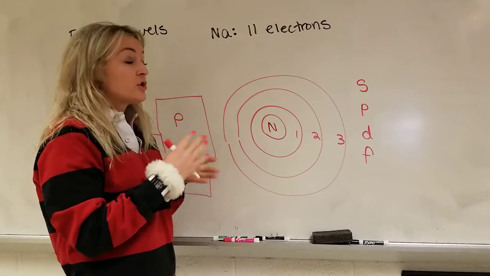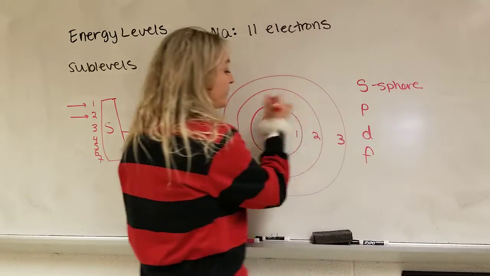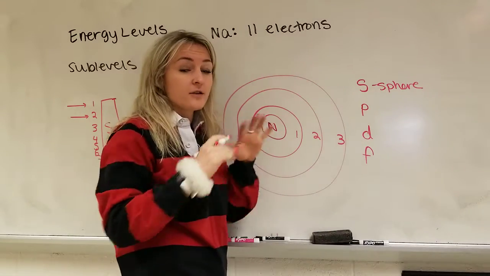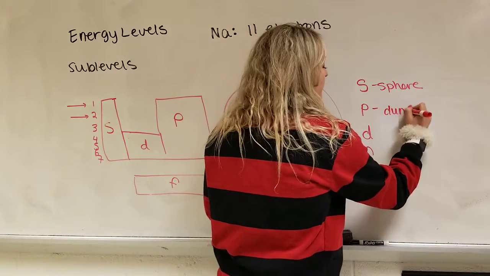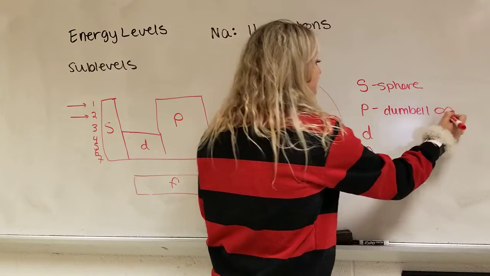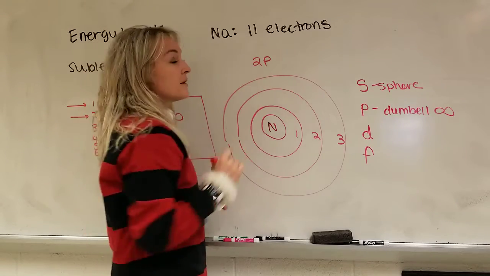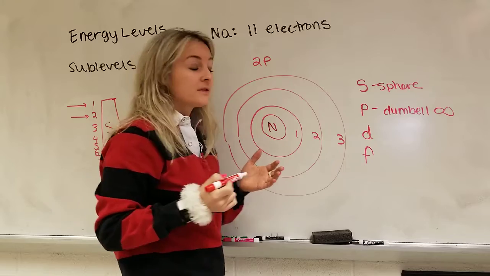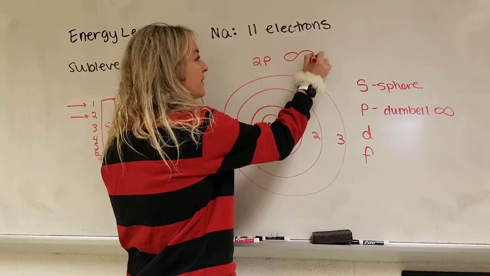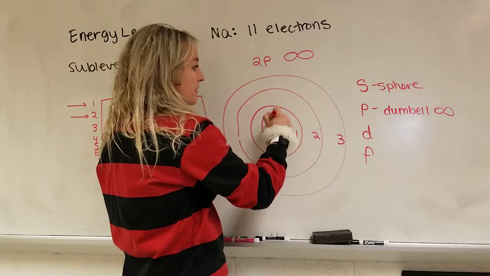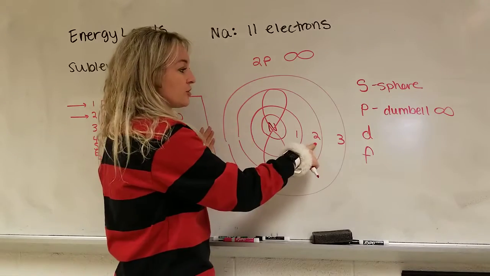So let's just talk about the shapes. The S is a sphere shape, which again, we've been drawing sphere, so that's nice. It's all the same shape. The P, they call it a dumbbell, but it really looks like an infinity sign. So if you have, for example, a 2p sublevel, what that means is the boundary is going to be the 2, but then you have this dumbbell looking shape, and the boundary is just the 2.